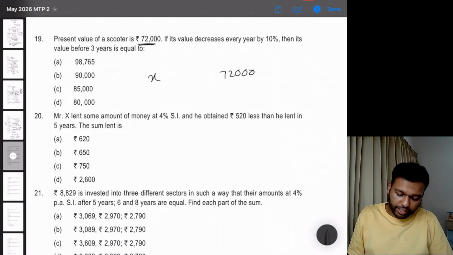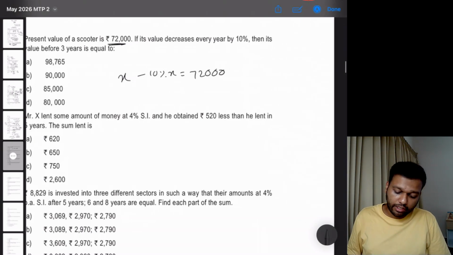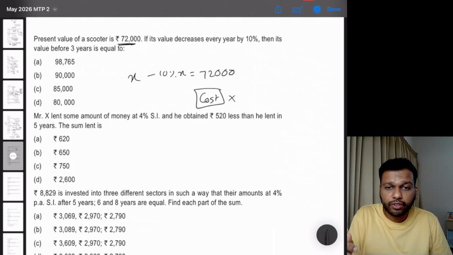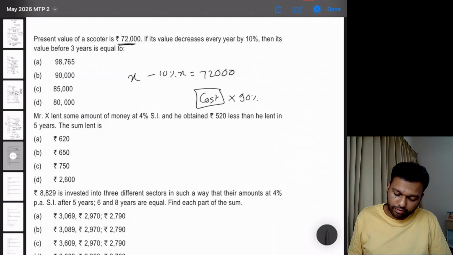By taking something and subtracting 10% of it. So similarly, cost multiplied by the depreciation for 3 years, that is into 90% into 90% into 90%, because 10% is the depreciation, and that gave us 72,000.